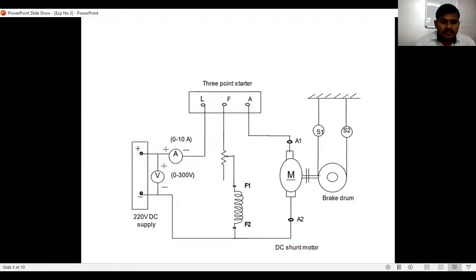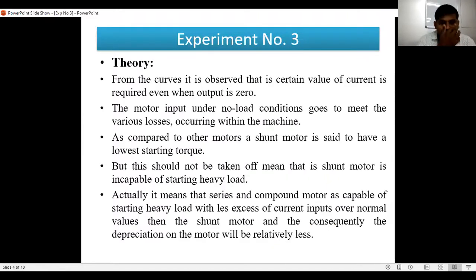Now, from this curve, we are able to observe that a certain value of current is required even when output is zero. Okay, ज्यावेळेस output zero असेल, that means output zero. When the output will be zero, output कधी zero असेल? Output कधी zero असतं?